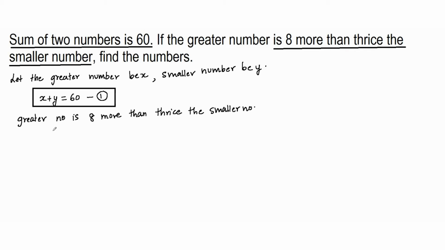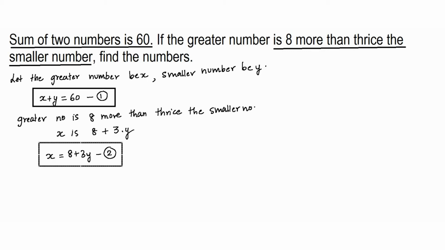That means the greater number, x, is 8 more than 3 times the smaller number, y, which means the second equation is x equals 8 plus 3y. This is my second equation. Now I have to solve for x and y, so I will substitute.